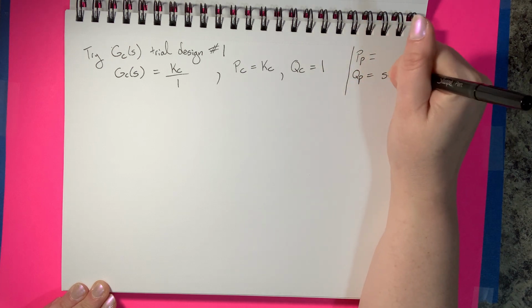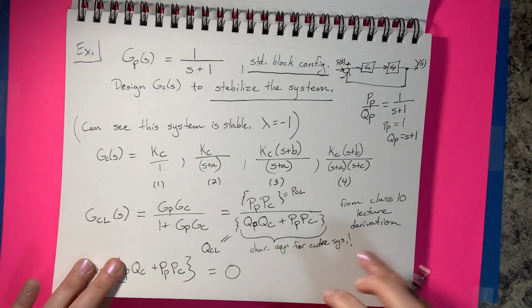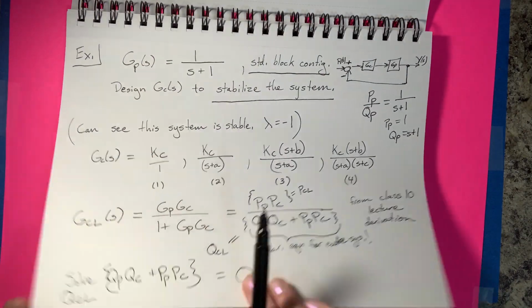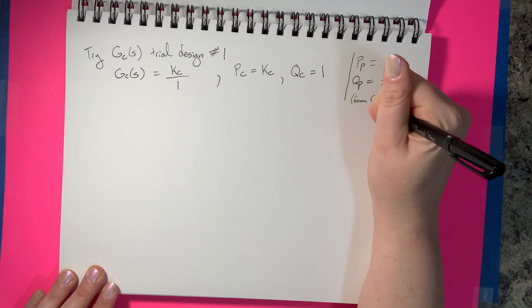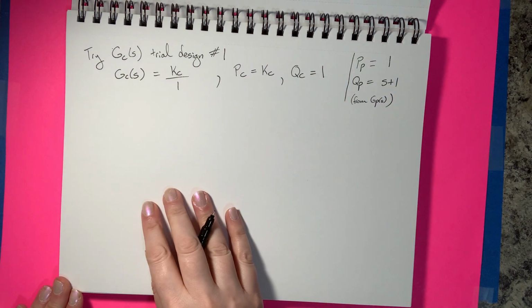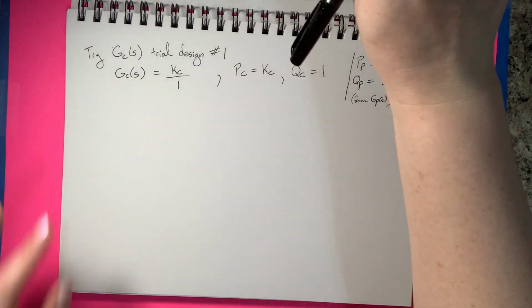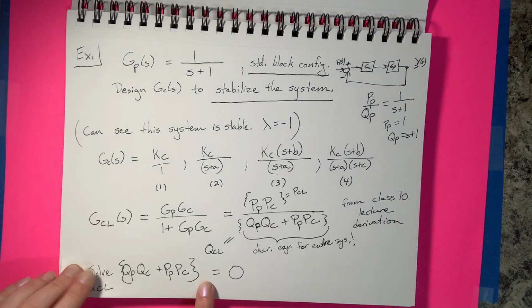This was S plus 1 and this was a 1. And I just pulled those from GP itself. Okay, now what we want to do is plug in all of these 4 parts into this equation here.